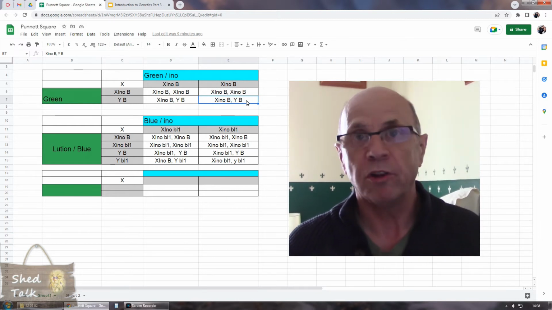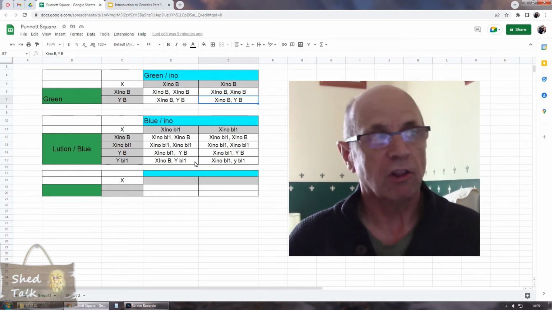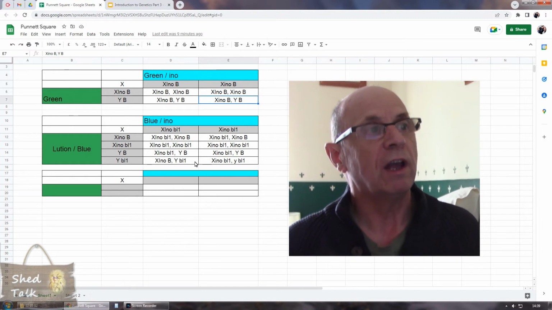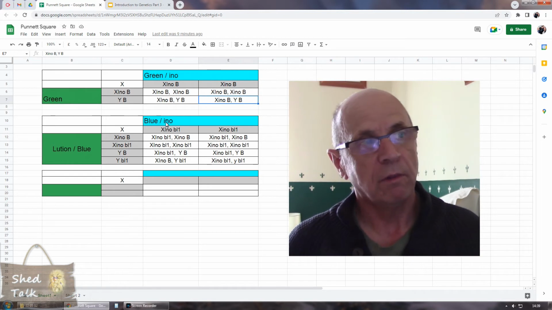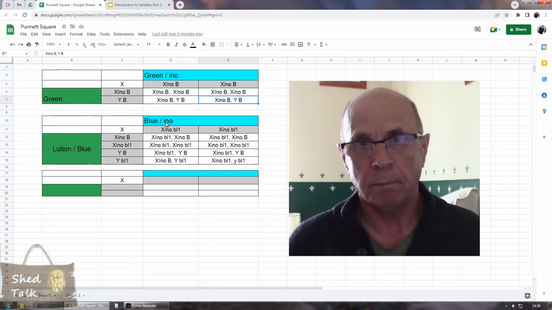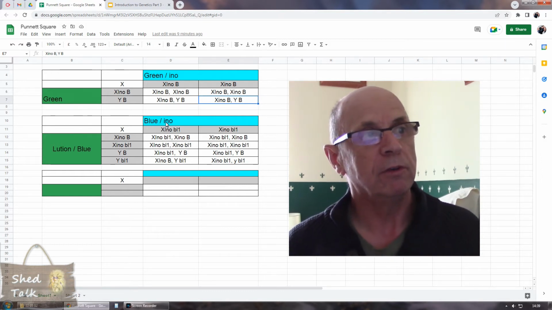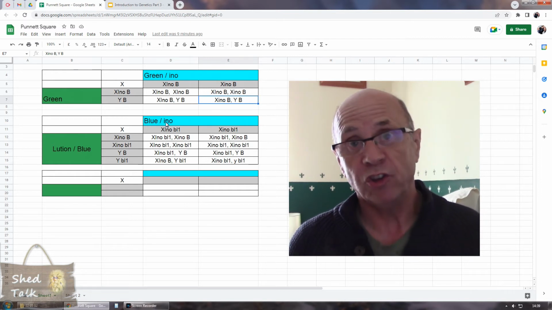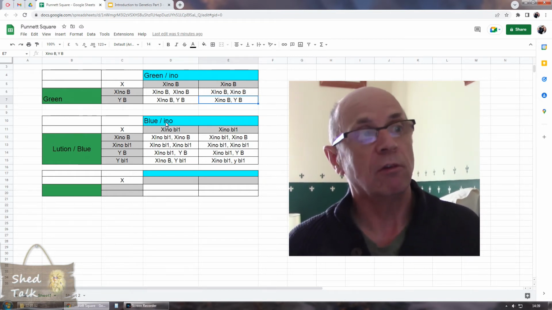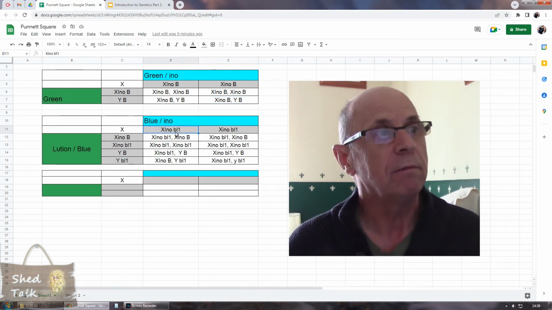Let's consider the next one down then. Okay, for this one it's slightly more complicated. For the cockbird we've got a blue split INO, and once again we only need to consider the blue gene and the INO gene. Because the cockbird's an all blue, we know it must contain two of the recessive BL1 alleles, the mutated blue allele.